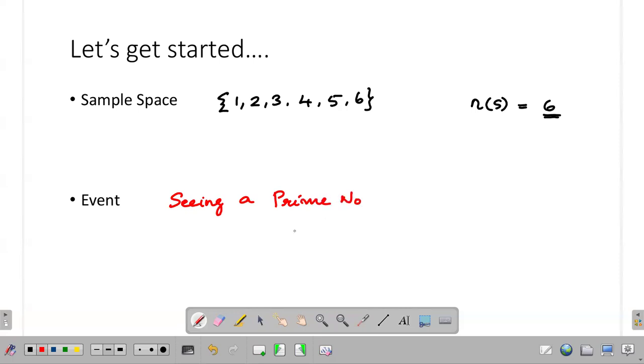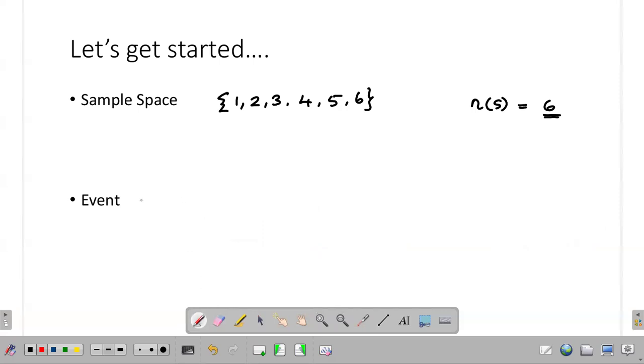So if I see the number 2 or 3 or 5, then I have satisfied the condition that I have defined here, seeing a prime number. So the number of favorable outcomes in this case is equal to 3. So you should know what an event is all about.